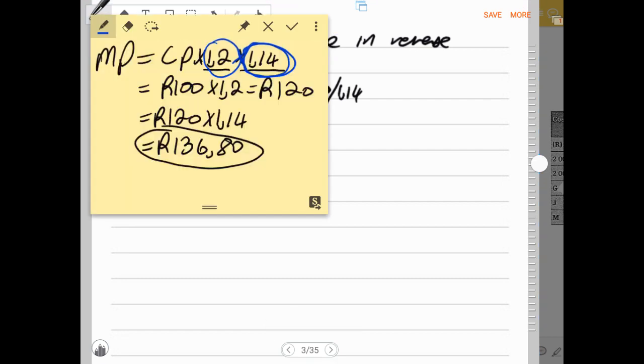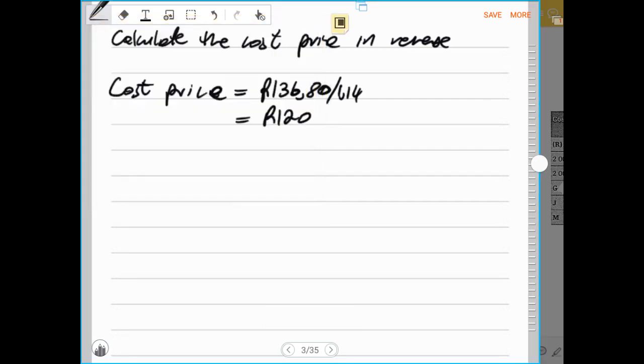Then the selling price, we have to remove 1.2. And to remove that, we have to divide that by 1.2. And this will give us straight the 100 rand of the cost price. So it becomes very easy when you do the reversal if you have used the decimal method. But if you did not use the decimal method, you can still use the multiplication of the percentage.